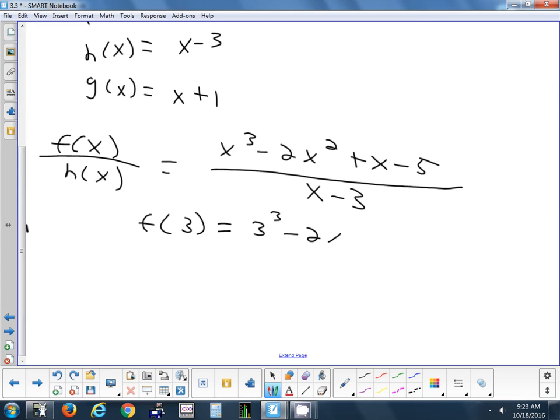3 cubed minus 2 times 3 squared plus 3 minus 5. What this theorem won't do is give you the quotient. If you want the quotient, you have to do the whole thing out. But it will give you the remainder. Jacob, what's 3 cubed? 27. Yep.